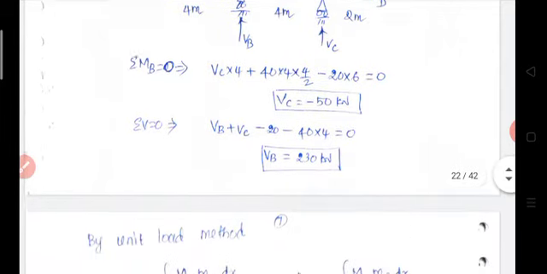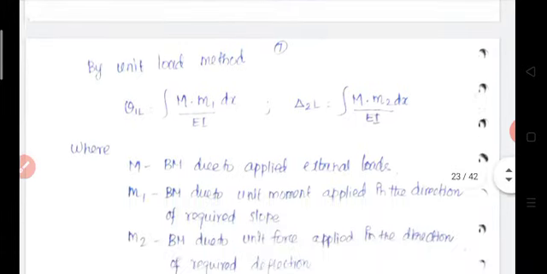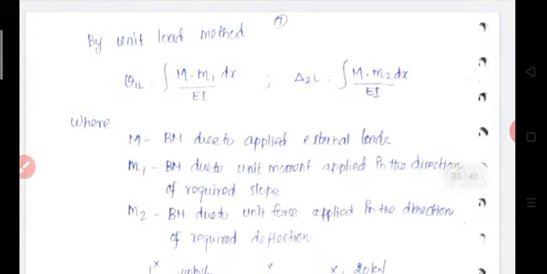Now we are going to determine the slope and deflection at the end A by using the unit load approach. The slope is equal to the integration of capital M into small m1 dx divided by EI. Capital M means the bending moment due to external loads, and small m1 is the bending moment due to unit moment applied in the direction of the required slope.